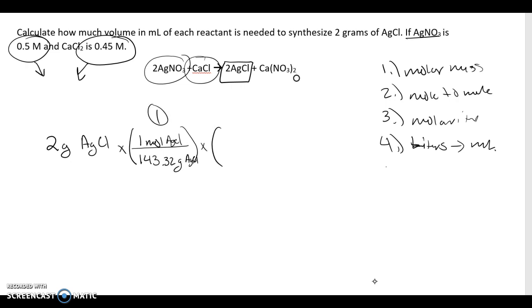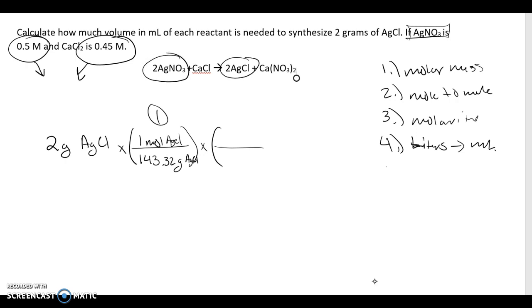Now we use this equation to essentially help us solve that. So we're trying to figure out from AgCl, and then let's just pick silver nitrate as our first step. We have AgCl, and we're trying to figure out how many milliliters of silver nitrate we're going to need.